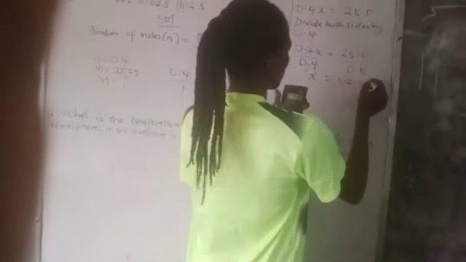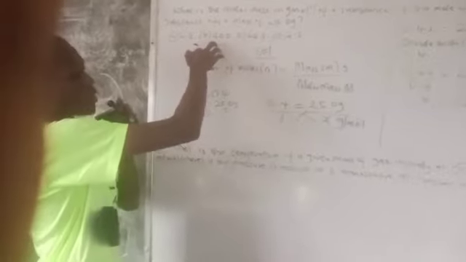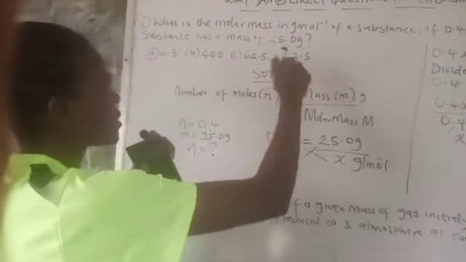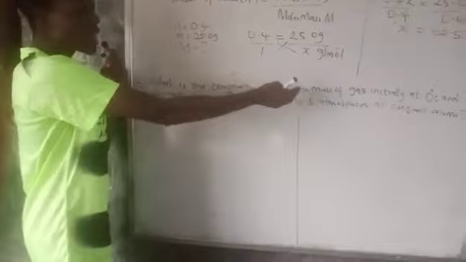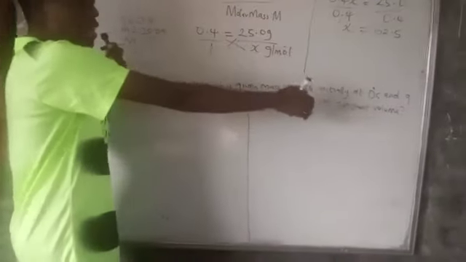Therefore, from the options given to us, we have A 6.3, B 4.0, C 62.5, and D 2.5. So the answer here is 62.5.